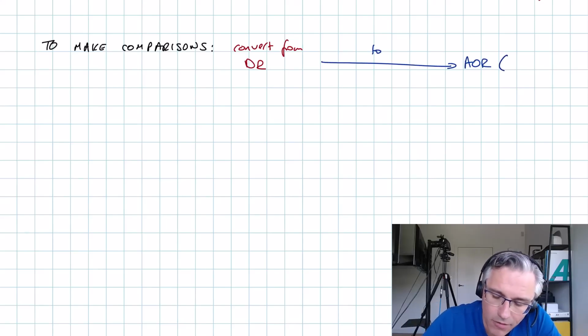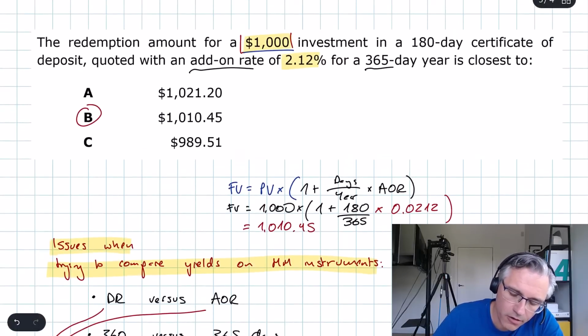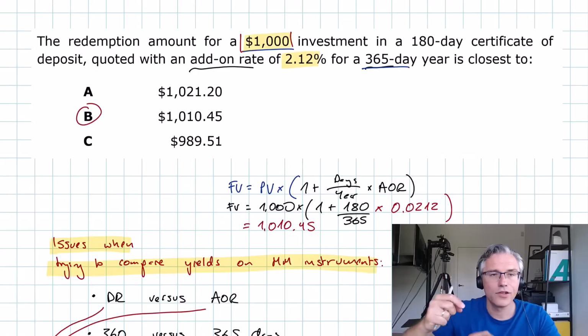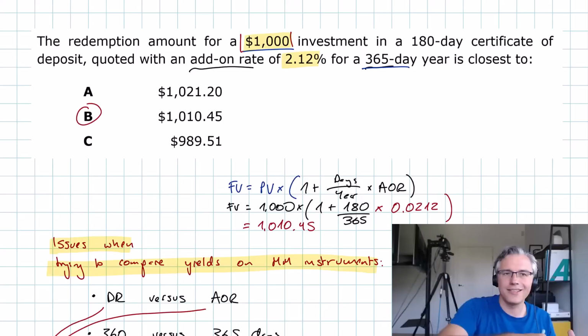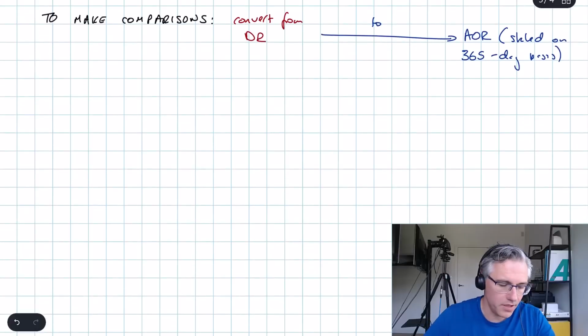But AOR stated on a 365-day basis. So pretty much what we did over here, we computed an AOR where we assumed a 365-day year. So you would have to convert anything computed under the other approach to a basis that is in line with this.